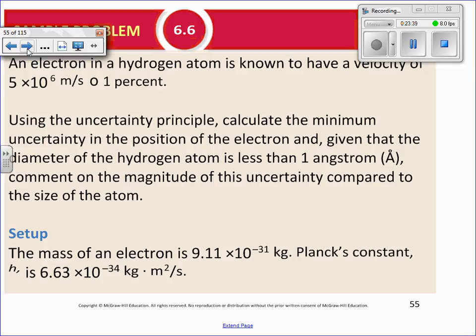The size of a hydrogen atom is 1 angstrom, the abbreviation for angstrom being A with a little circle above it. Here we have the mass of the electron, 9.11 times 10 to the minus 31 kilograms, and Planck's constant.